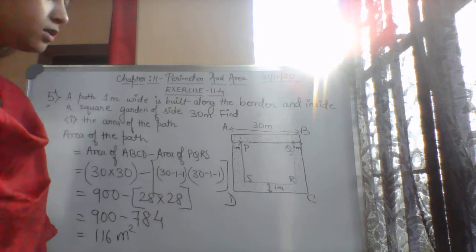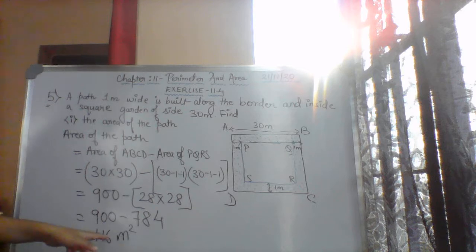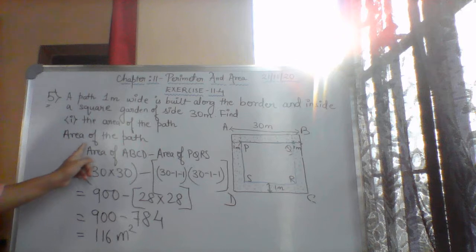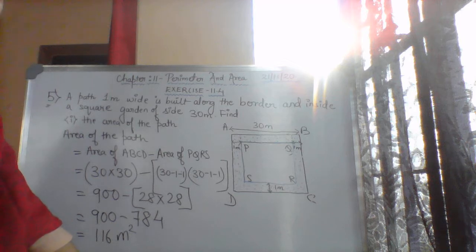So how much did you get? 784. Check your answer, 784. Now if you subtract, you will get 116. All are in meters, so the area will be in meter square. So this is how we find the area of the path.